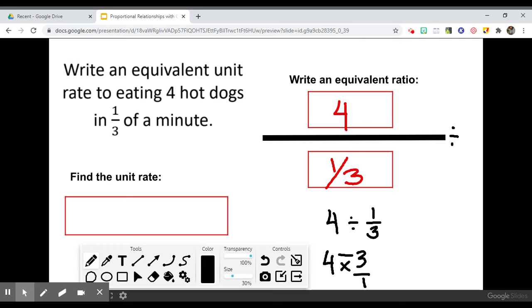Now I'm just going to go right across and multiply. Technically, this is a whole number over 1. 4 times 3 is 12. 1 times 1 is 1. So my unit rate then is 12. This particular person can eat 12 hot dogs per minute.